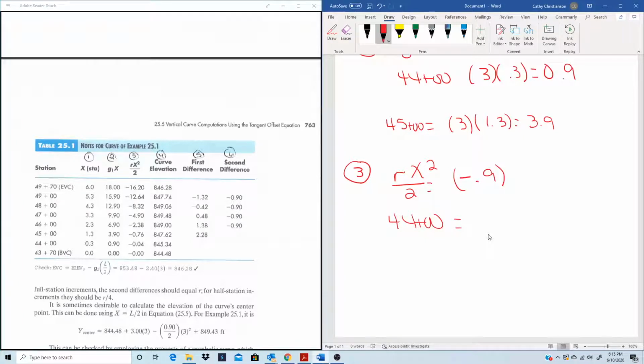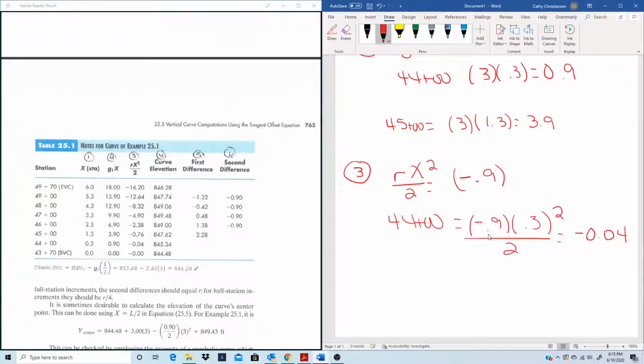Okay, so we're back now. Alright, so a minus 0.9. My X is 0.3. Remember, this has to be squared, divided by 2, and that will go in my next column, and so that's going to give me a negative 0.04.